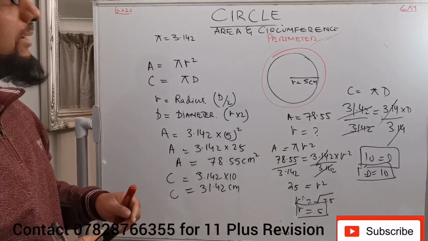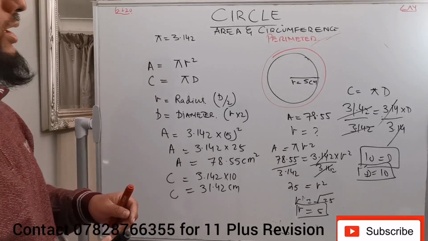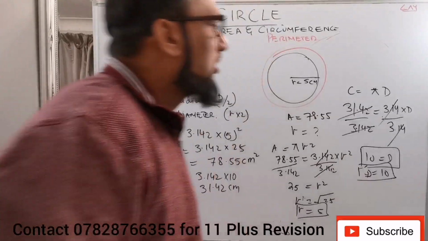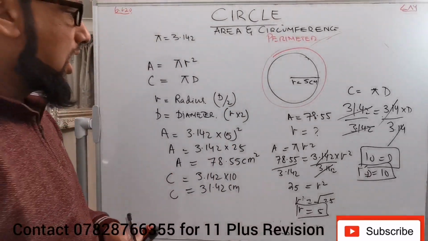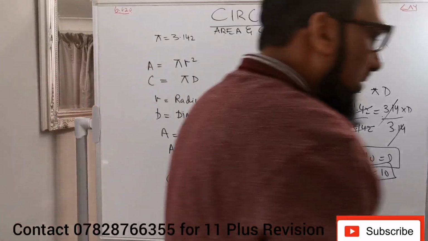Now I'm going to move on to the semicircle, or half circle. How do we work out the half circle?